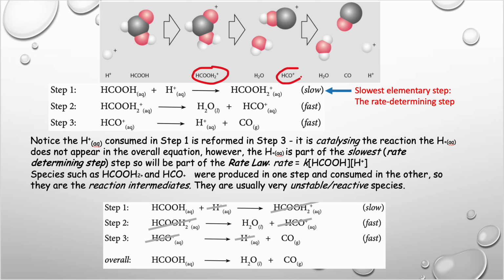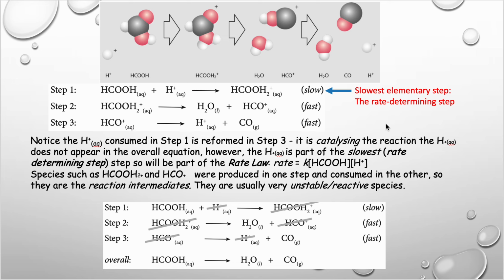I'm calling them unstable because they have a charge, and we know that molecules that have a charge just want to become stable by either giving away their electrons or gaining electrons. So these two steps are happening very fast, and this is why we've written fast. But the first step, in which the hydrogen is trying to attach itself to the HCOOH, is the hardest one, and this is the one that takes the most time. And we will call it the slow step.